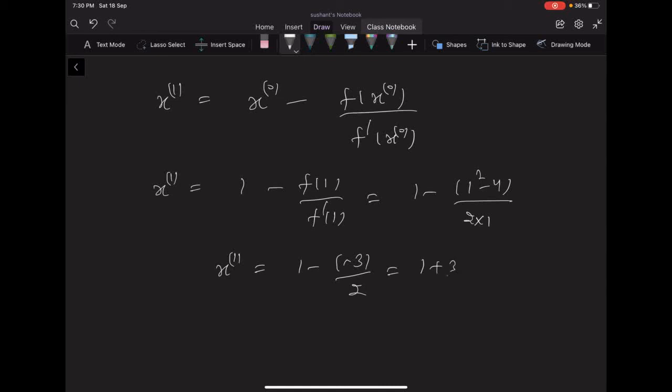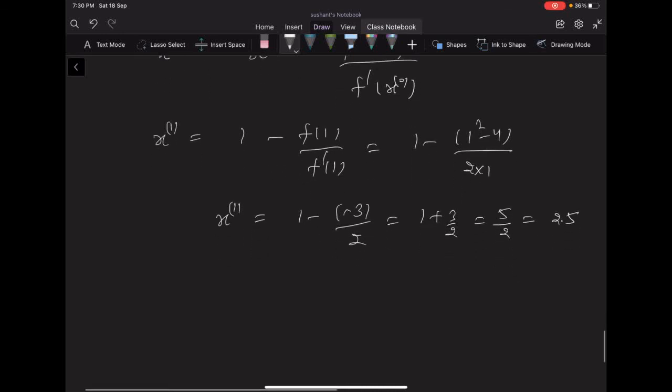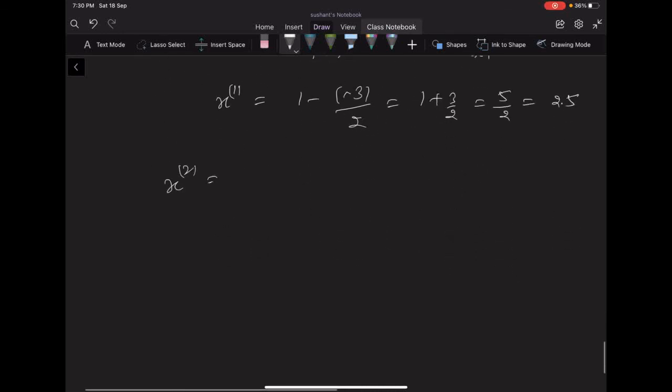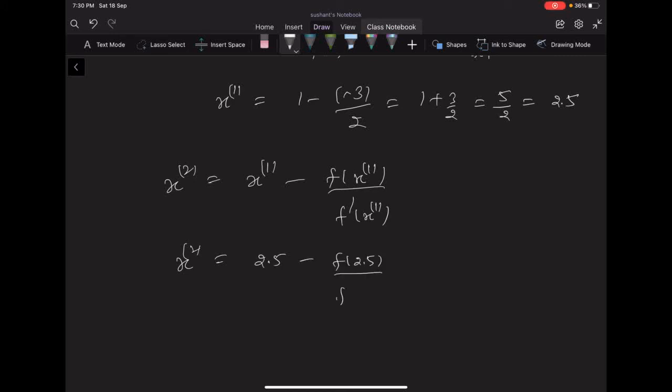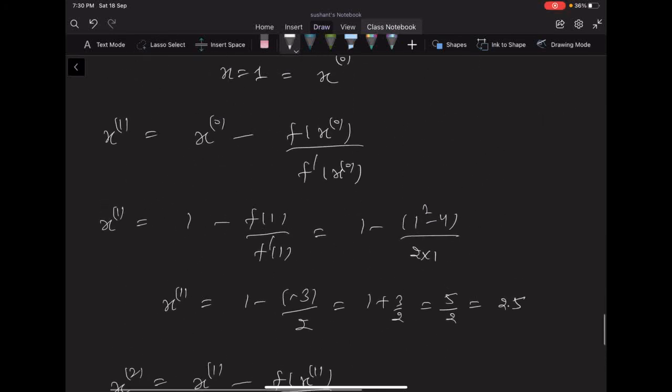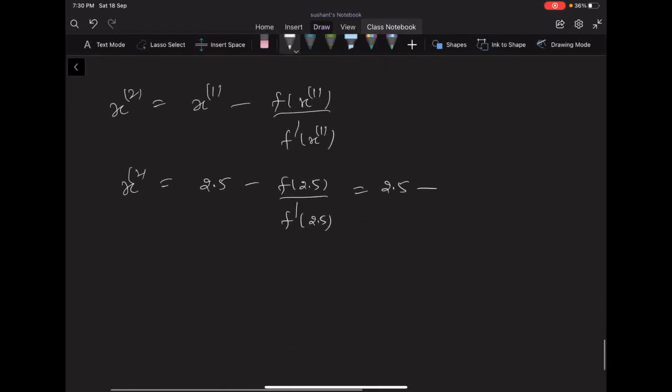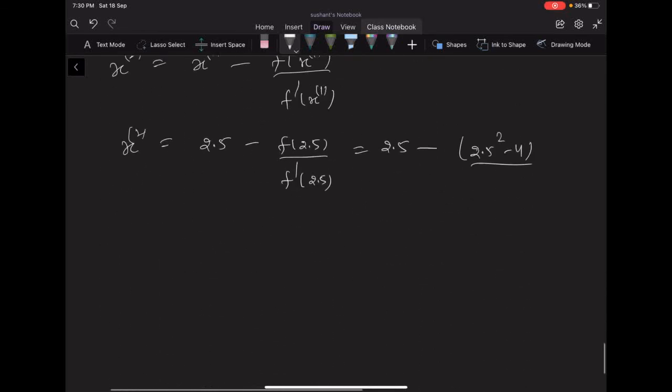So 1 plus 3 upon 2 equals 5 upon 2 equals 2.5. Now x2 is given by x1 minus f(x1) upon f'(x1). And x1 we have calculated as 2.5, so 2.5 minus f(2.5) upon f'(2.5). f(2.5) is 2.5 whole square minus 4, and f'(2.5) is 2 into 2.5.